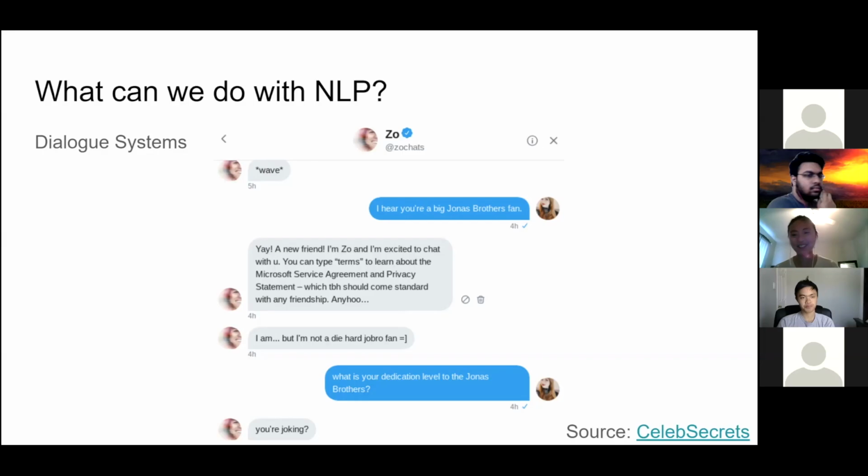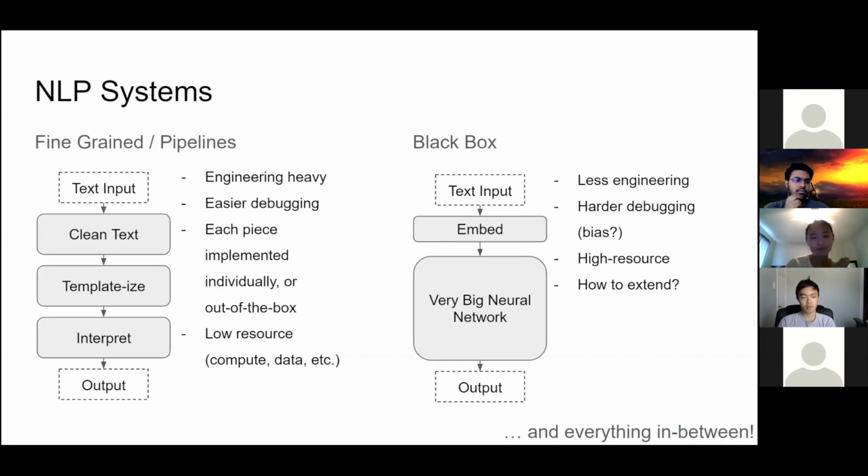What's actually happening behind these systems? When we're talking about NLP systems, they usually seem like black boxes to us if you haven't studied the topic in depth. But in practice, what you have is what's seen on the left: very fine-grained components that are linked together into pipelines.